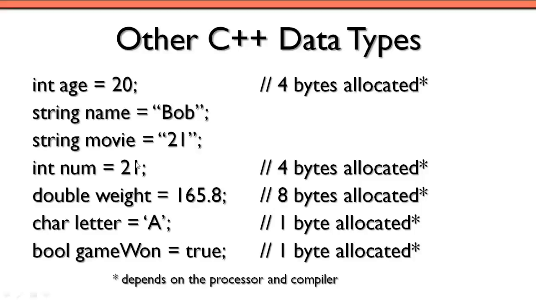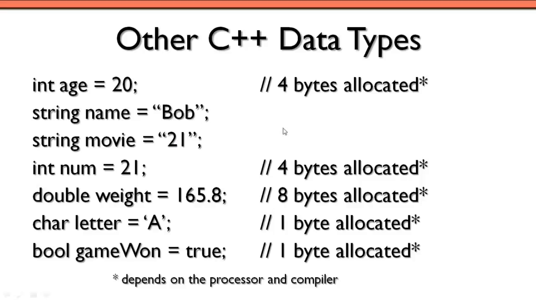With the variable num, we can perform numeric calculations. We could multiply num by some other value or divide it by some value. If we try the same numeric operations with movie, it wouldn't work because this is a string representation. To us these may look very similar, but in terms of the way this is represented behind the scenes and the type of operations we can do, they're very different animals.